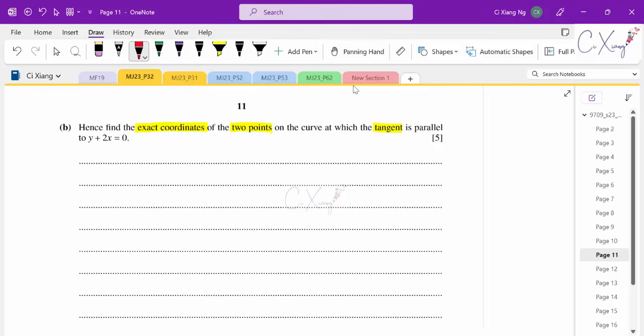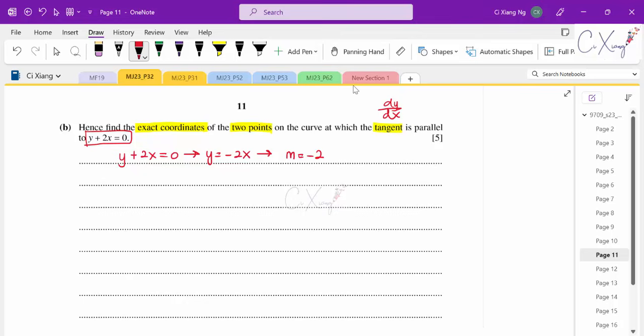Tangent parallel to this line means that the gradient of the tangent, which is dy dx, will be equal to the gradient of this particular line. Since y plus 2x equals 0, I get y equals negative 2x, so the gradient is actually negative 2.